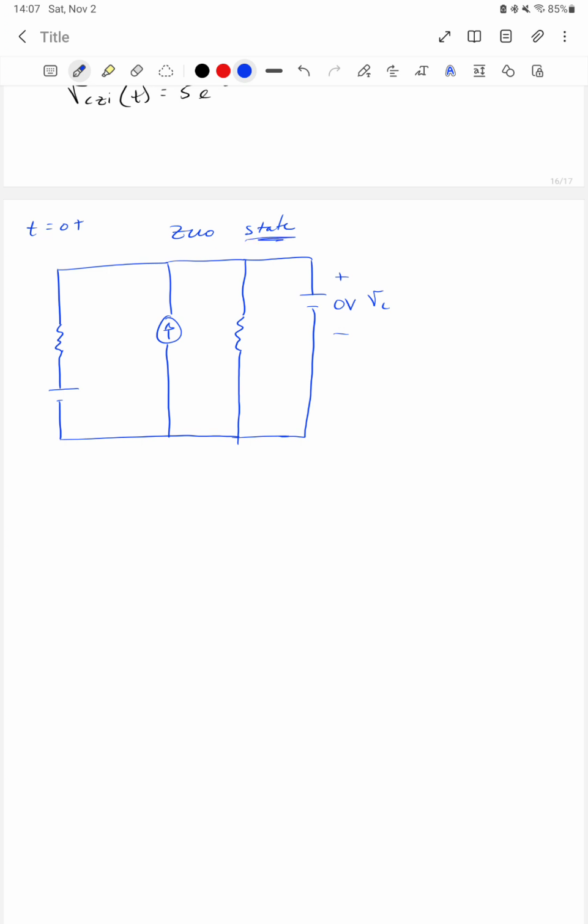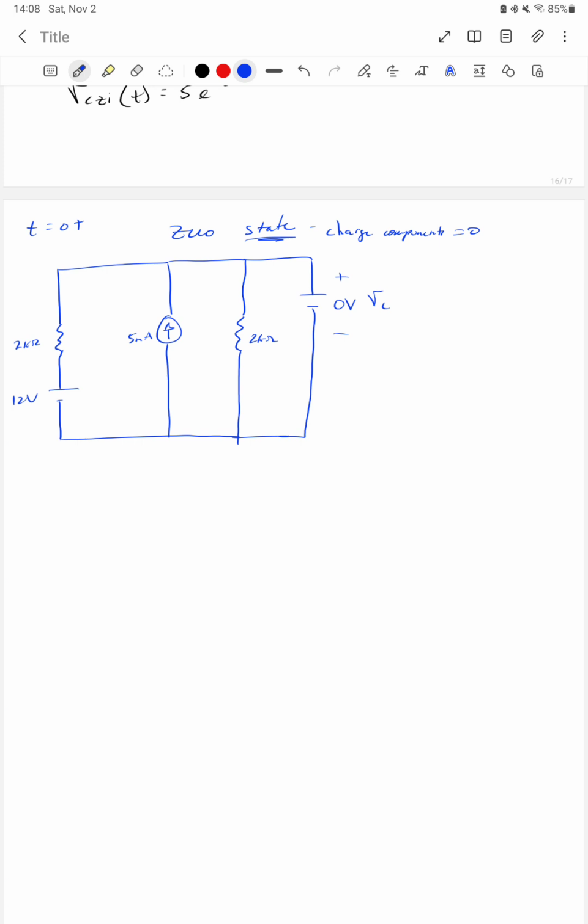That's because this is the 0 state. That means that our charged components, essentially our time varying components, are 0. So this is 0. These were 2 kilo ohm before. This is 5 milliamps. This is 12 volts, and this is 2 kilo ohms.